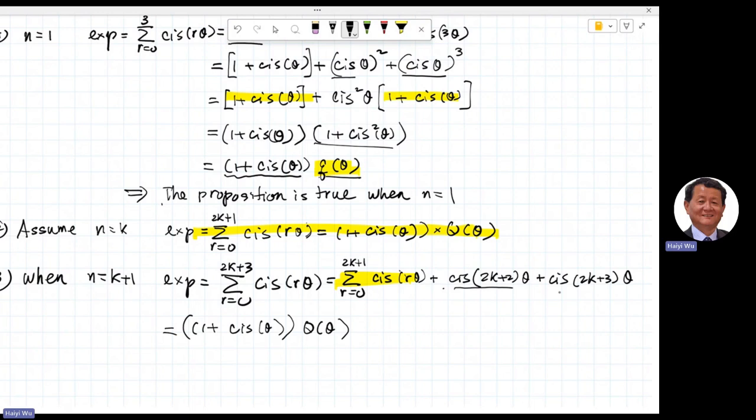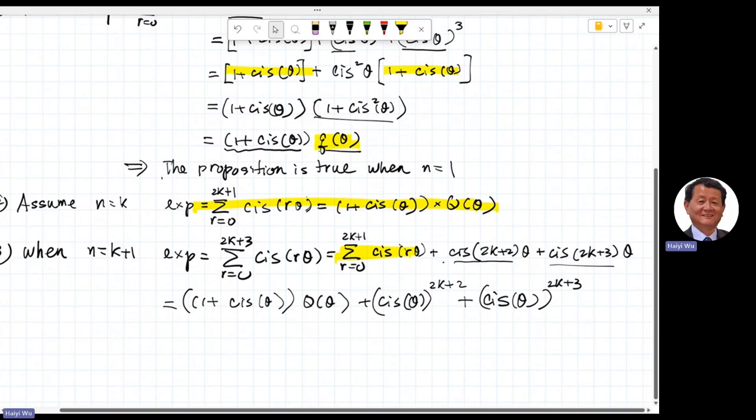Those two I'm going to put into plus cis theta to the power of 2k plus 2, and plus, according to De Moivre's, cis theta to the power of 2k plus 3.